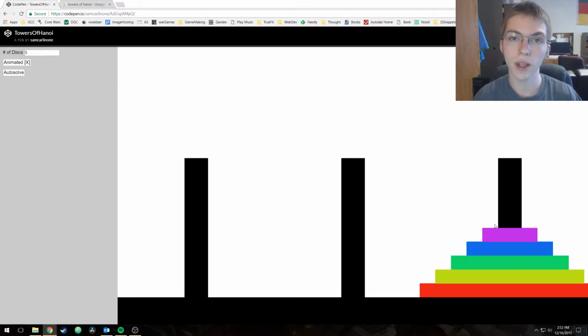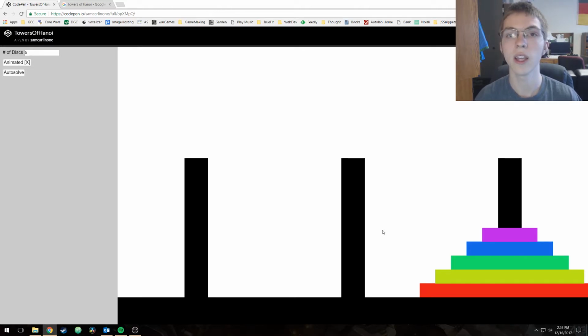The other interesting thing about this challenge, and something that will sometimes get brought up, especially when you're talking about it in terms of computer science, is the complexity in terms of number of moves. We can actually calculate the number of moves with the equation 2 to the n, where n is the number of disks we have, minus 1. So with 5 disks, if we moved it optimally, obviously you can take more than this.